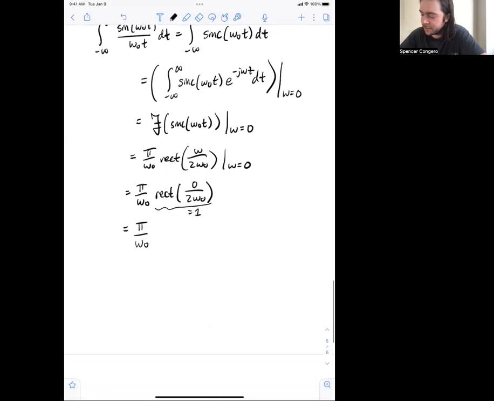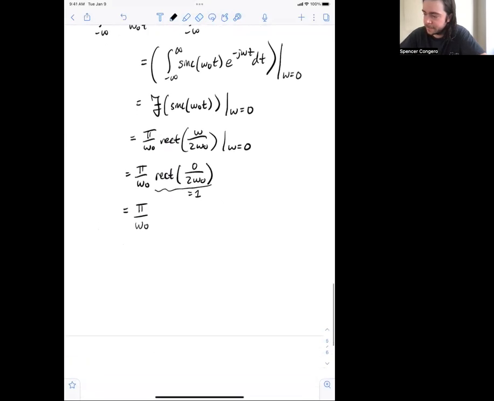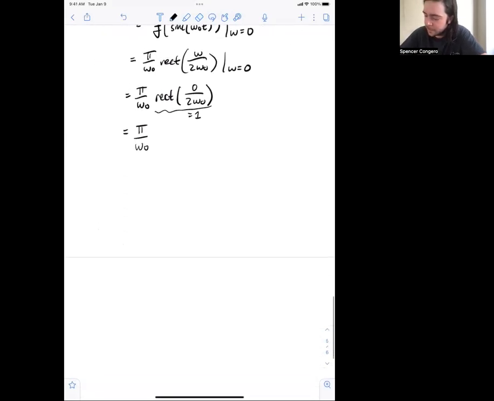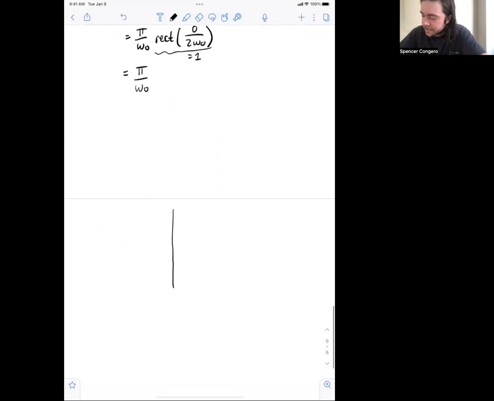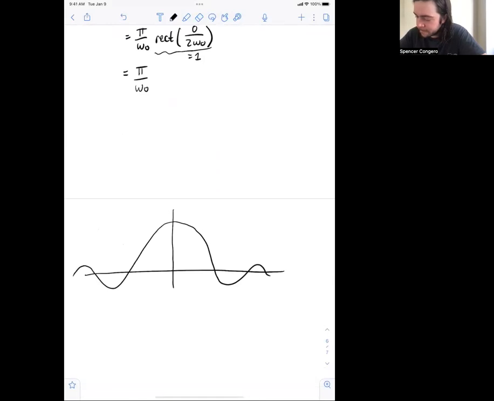And if I draw the sinc function, I'll start it on a new page. Let me try and draw it nice and big. Okay, so this is sinc of omega naught t. That means that point right there is 1.